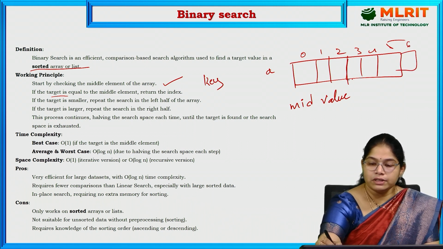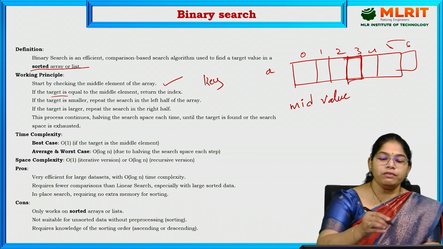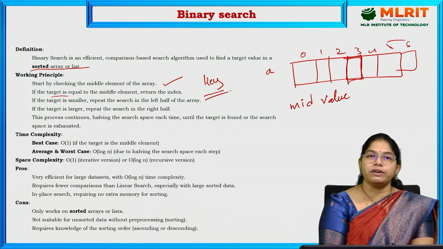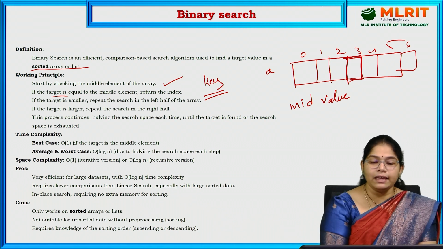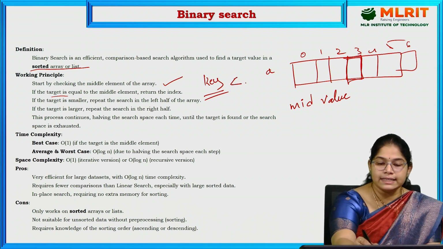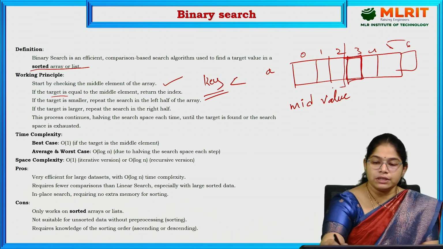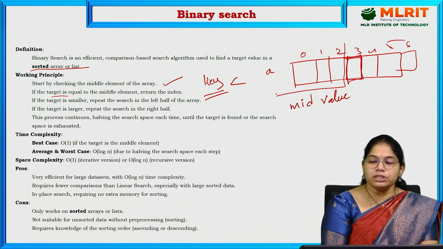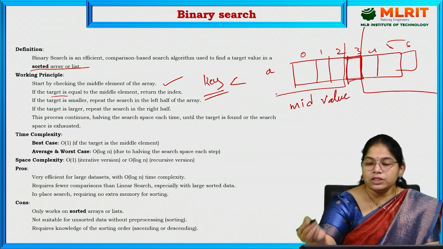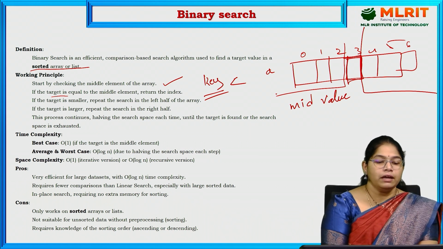Suppose the mid value is this. If the key which I want to search in the list is less than the mid, then we have to search in the left half of the array, and if it is larger, then we will search in the right half of the array.